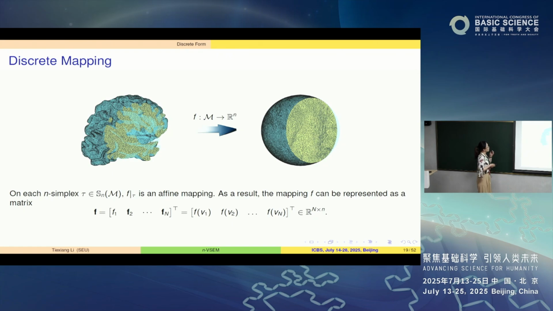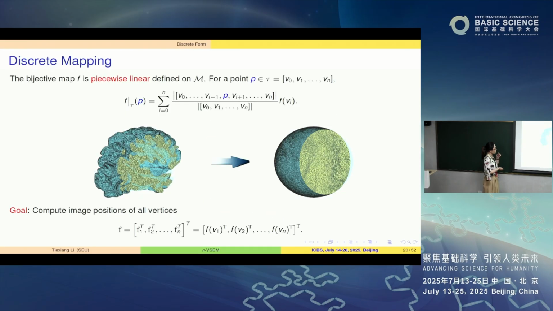For the discrete form, on each n-simplex tau, F is an affine mapping. As a result, the map F can be represented as a matrix, where F1 to Fn mean the n discrete vertices, and each vertex has n coefficients.